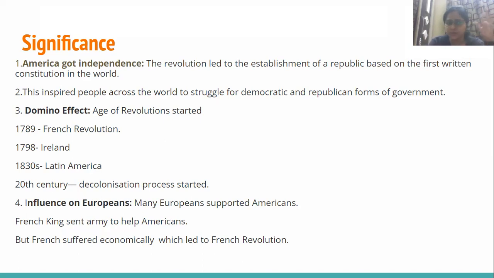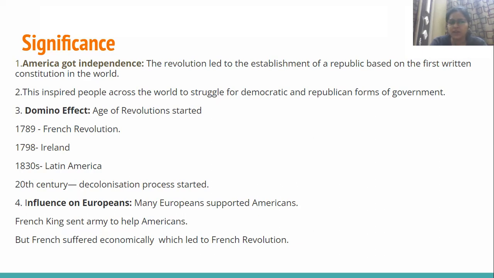Okay, the third important effect is the domino effect. The American Revolution had such a big impact that it resulted in the age of revolution. After the American Revolution, in 1789 we see the French Revolution. In 1798, Ireland started demanding independence from the UK. Ireland was a colony of the United Kingdom, Britain. So even Ireland demanded that we want freedom.